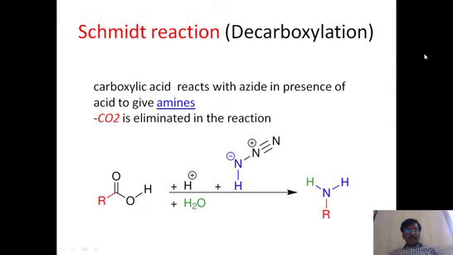See here, RCOOH, carboxylic acid, on reaction with N3H, that is hydrazoic acid, in the presence of some acid, finally gives RNH2 as the product. That is, from the azide we are adding the NH group directly to the R group. So total CO2 is removed.